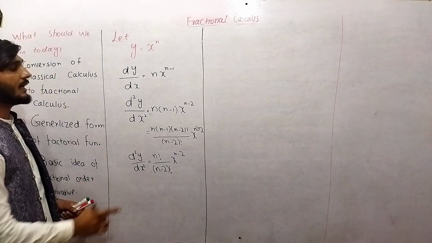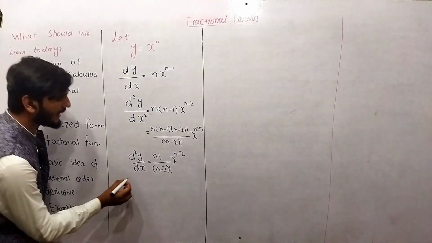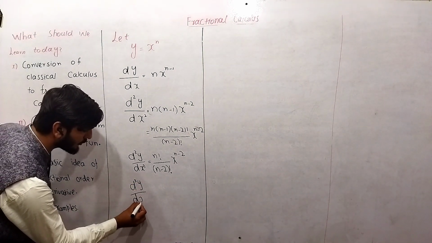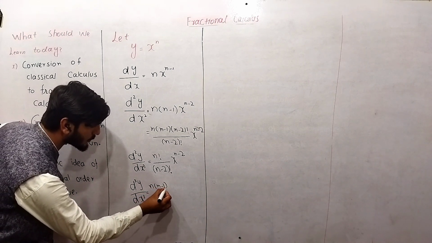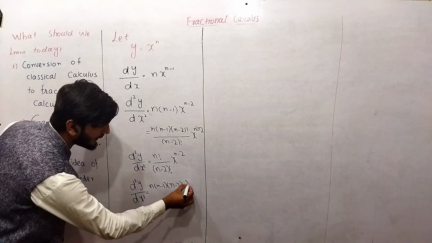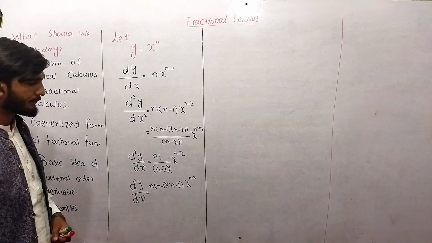If we describe the third derivative of this function, the value will be d3y over dx cube, equal to n into n minus 1 into n minus 2 into x raised to power n minus 3.